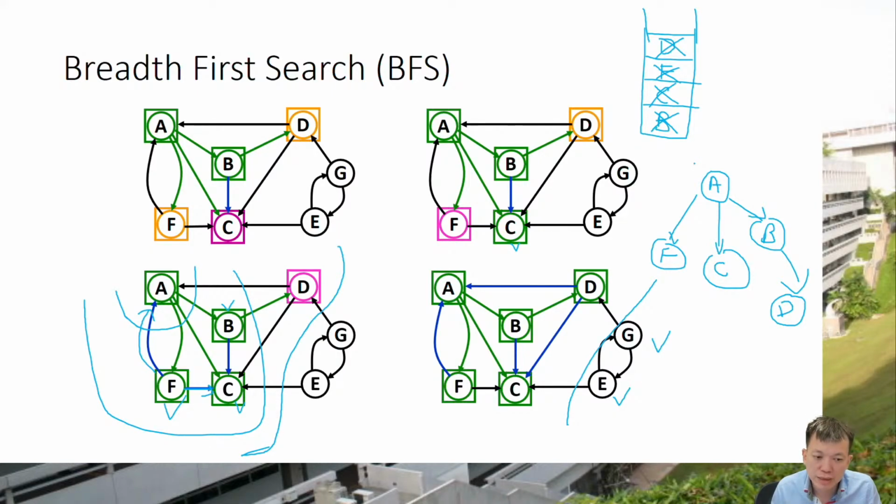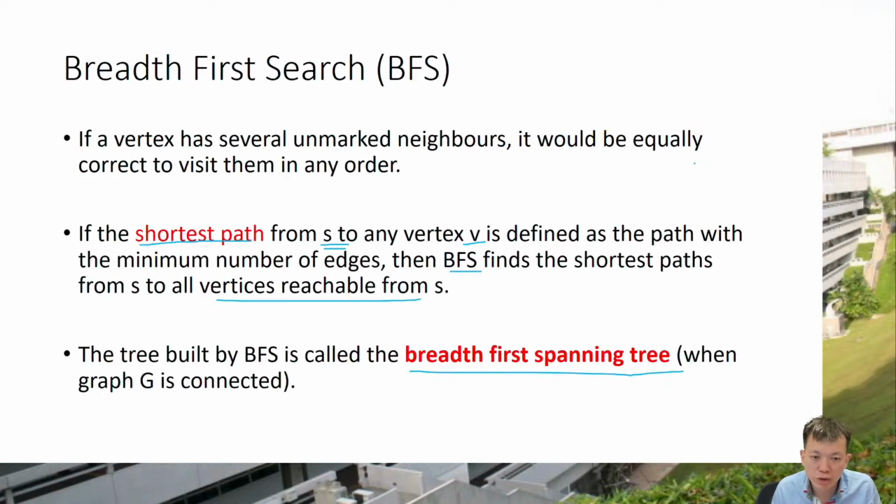Because I mentioned just now that the order can be any order, will this spanning tree be unique? What do you think? Is the breadth-first spanning tree unique for any graph?